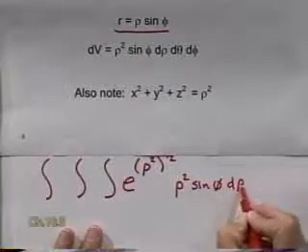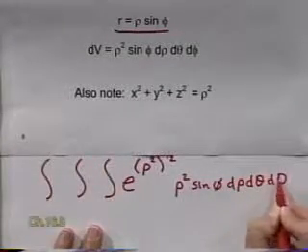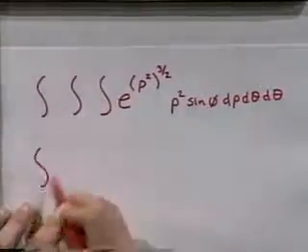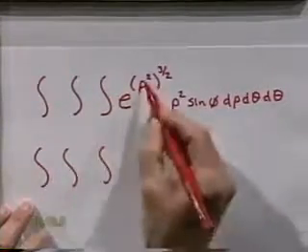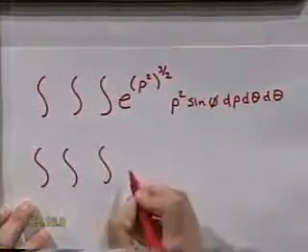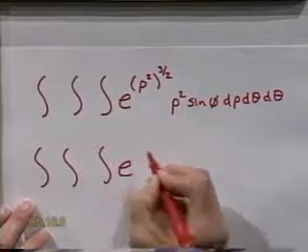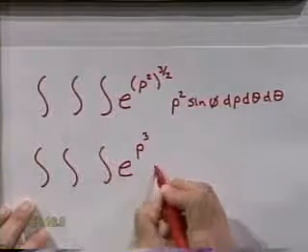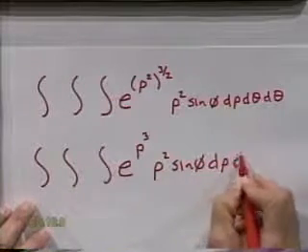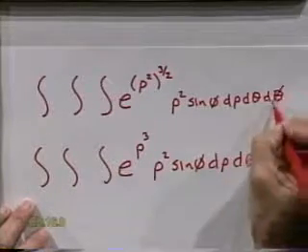And we can go d rho, d theta, d phi. Now, cleaning this up just a little bit, e to the rho squared to the 3/2. Well, when you go to a power, you multiply your powers together, so that would give me e to the rho cubed, excuse me. And then I have rho squared sine phi, d rho, d theta, d phi.